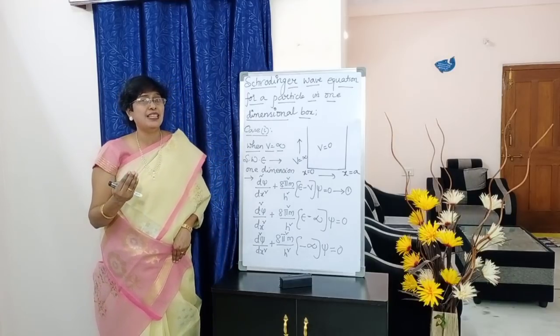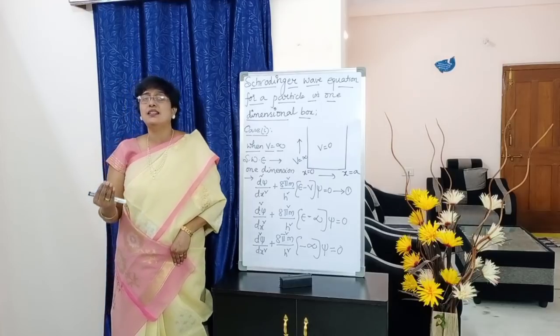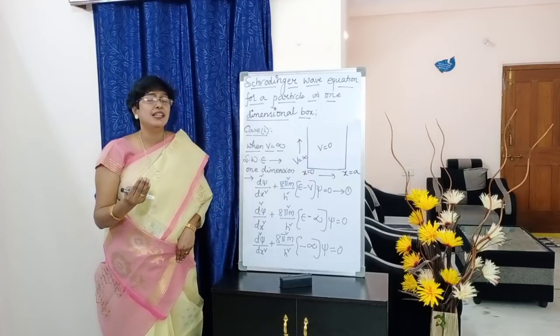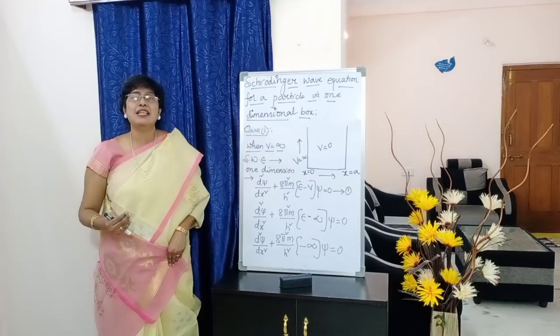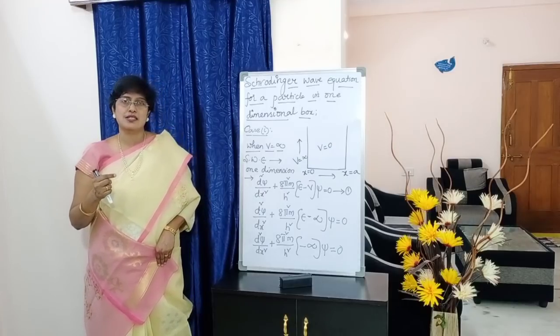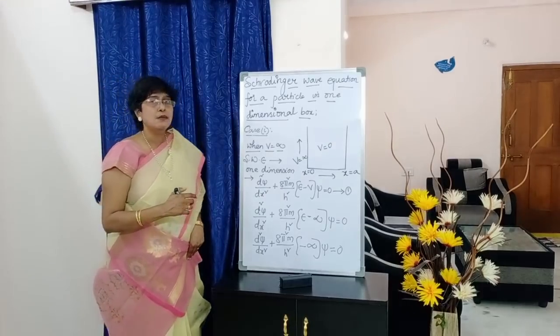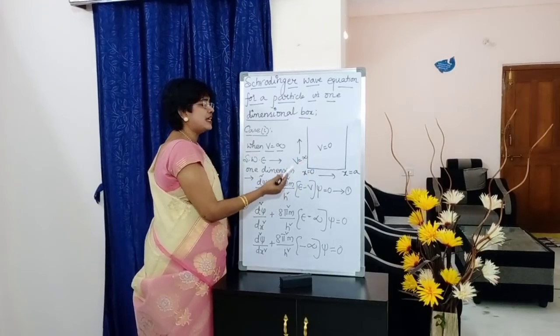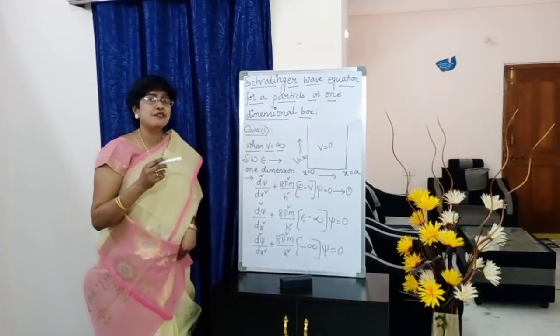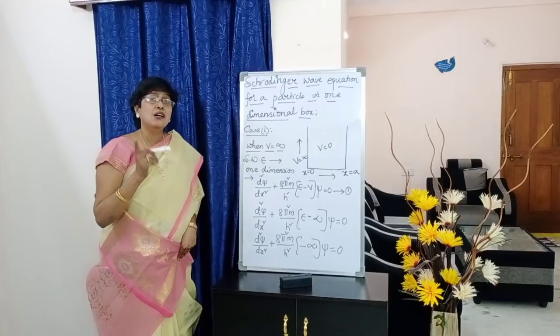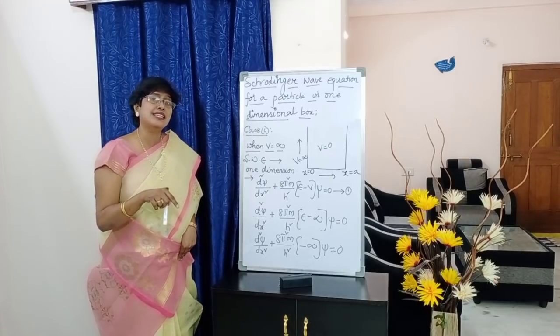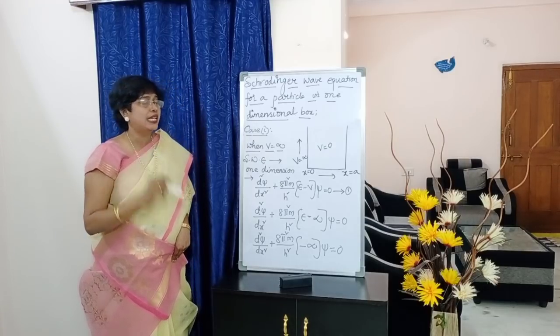Why? Because if the free electron tries to escape, it will be immediately reflected back into the box. So, draw the figure. Mention V is equal to 0 inside, and outside V is equal to infinity. Students, remember, on the walls and outside the box, V is equal to infinity.